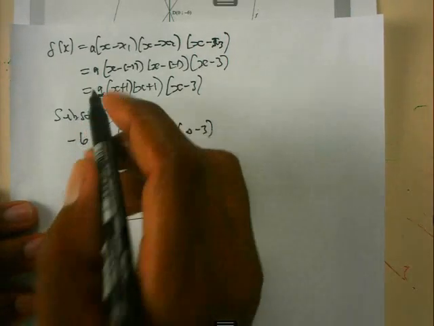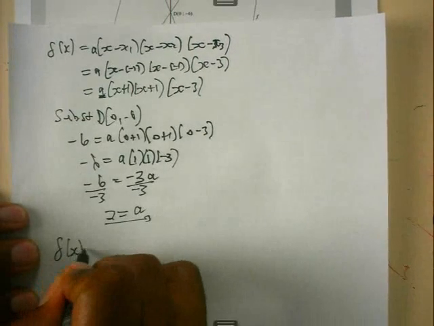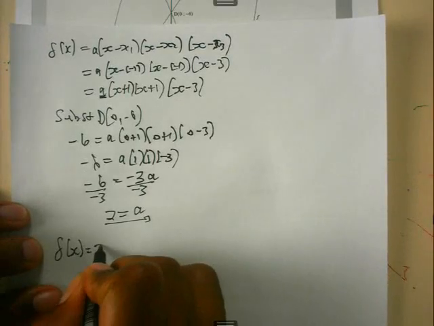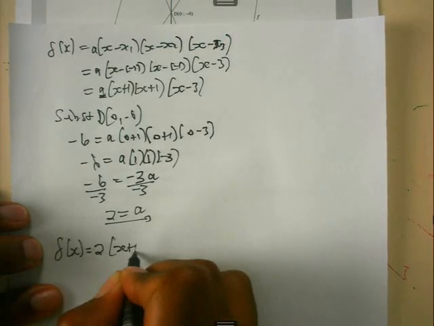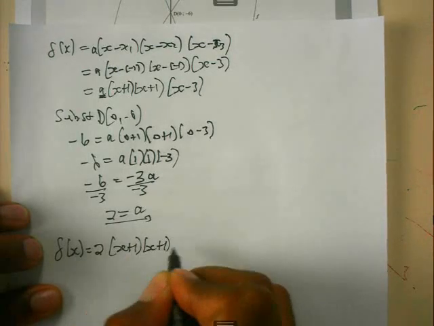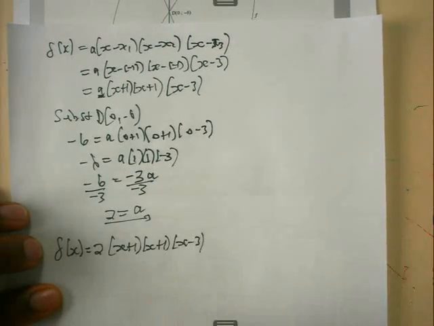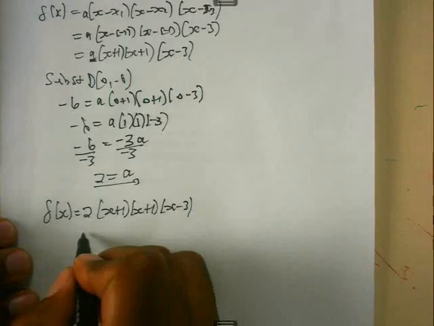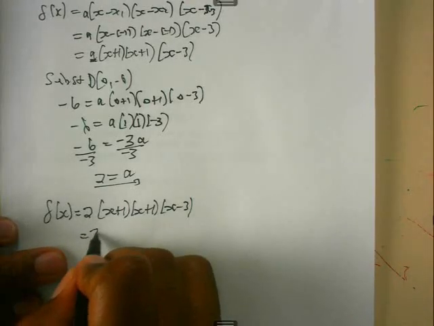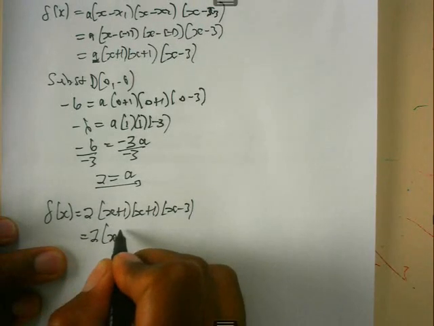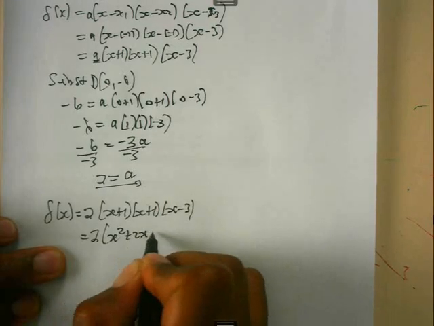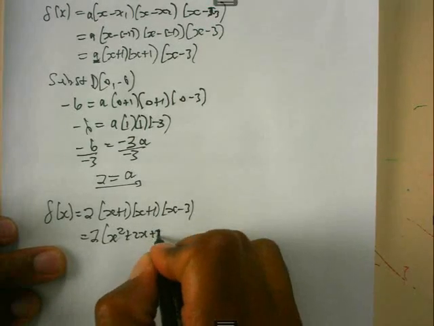Therefore, we take a now. We substitute it back here to say f of x is equals to a, which is 2, into x plus 1 as well as x minus 3. Therefore, from here now we multiply the brackets. These two, I know they will give me x squared plus 2x plus 1.